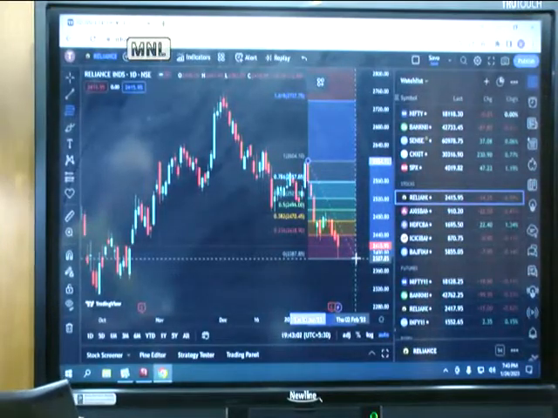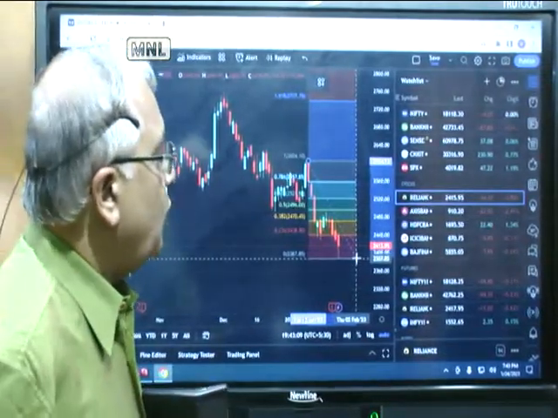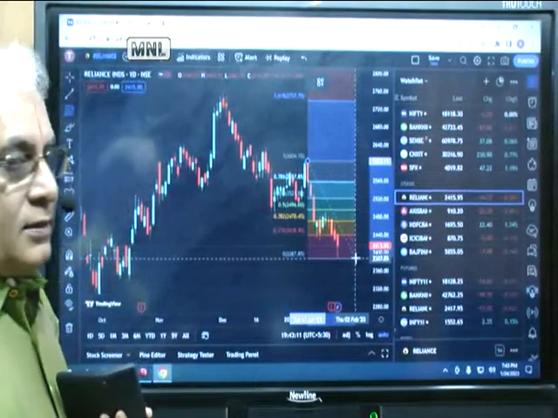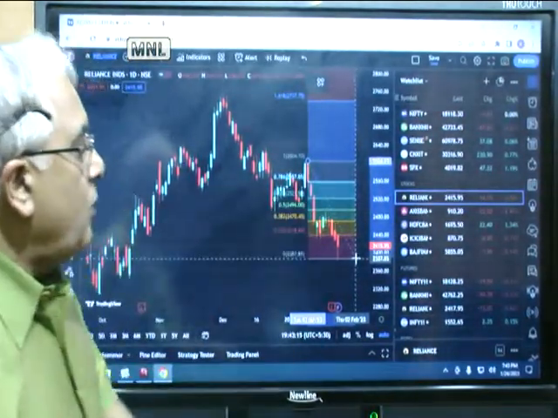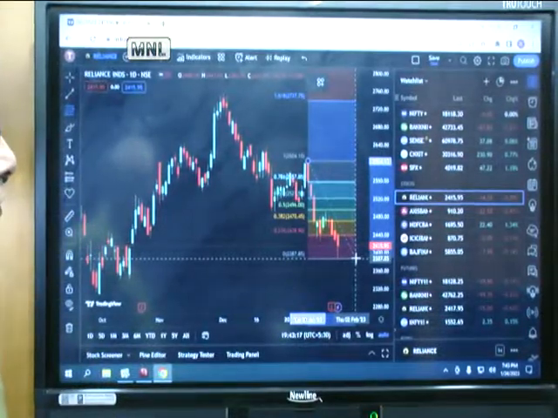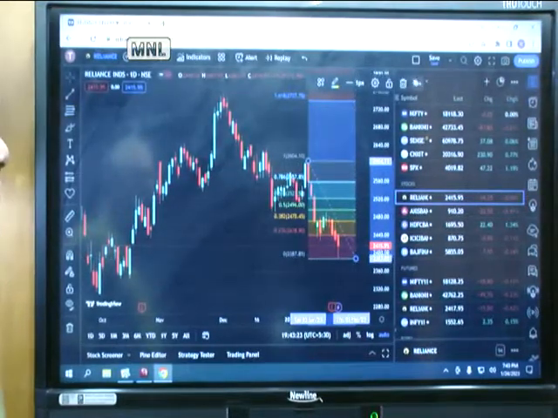So the resistances that are going to come right now will be 2438 to 2470. 2438 to 2470 are the levels where the resistances could come. So based on this, the Fibonacci resistance for Reliance is going to come at 2438. The first resistance will be 2438 and then 2470.